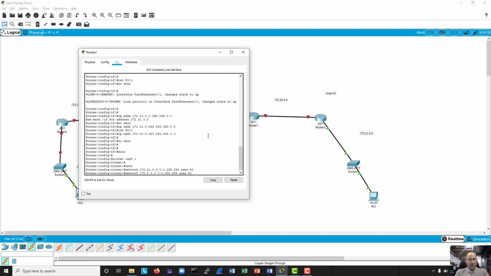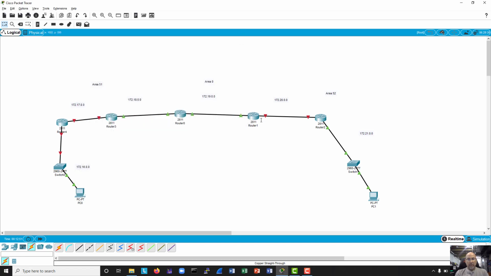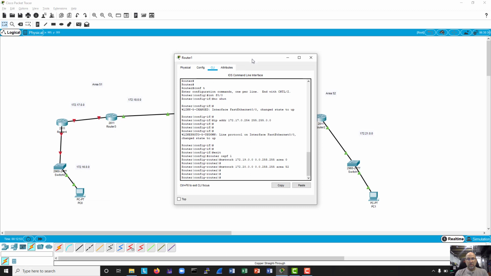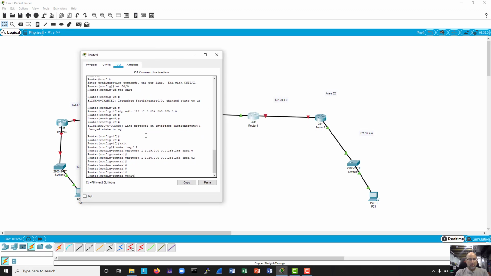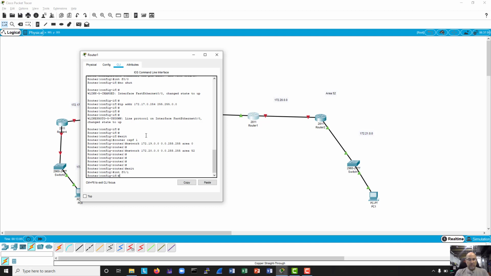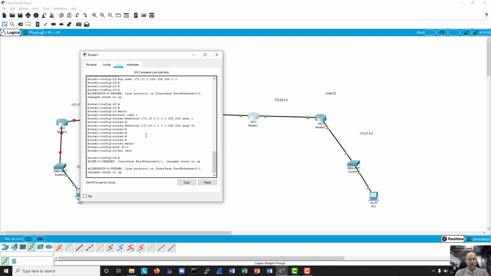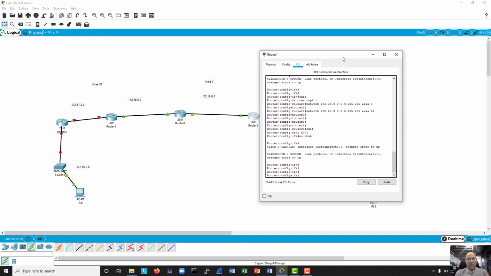There's only one network that's actually part of my backbone. Okay, and it looks like I didn't no shut an interface here. Interface 0/0, no shut. There we go. Forgot somebody. Okay.